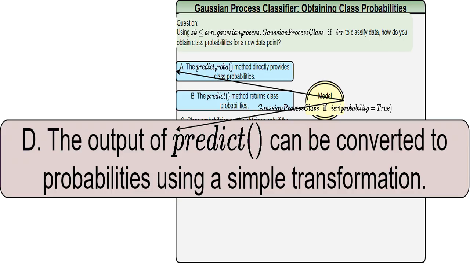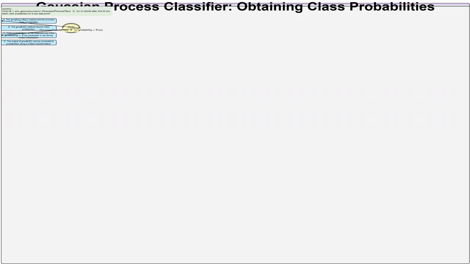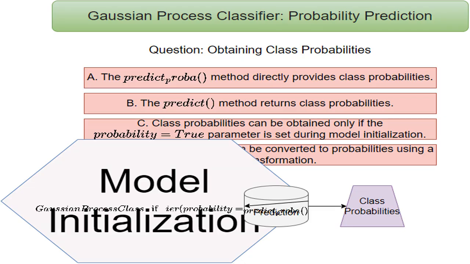Remember this step? This is correct, but only if you've set "probability equals true" during model initialization. "predict_proba" gives you the probabilities for each class. Think of this method as giving you a confidence score for each prediction. I'll explain how to correctly set up the Gaussian process classifier.